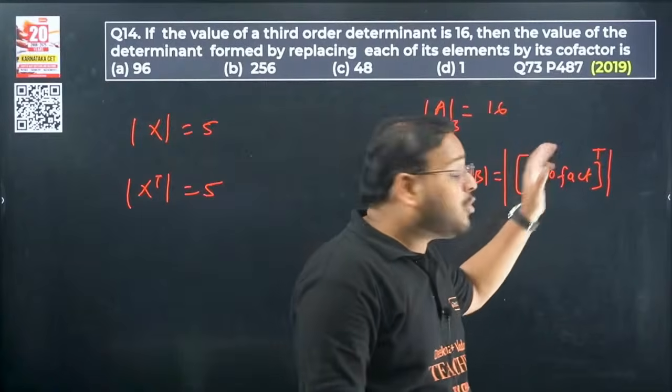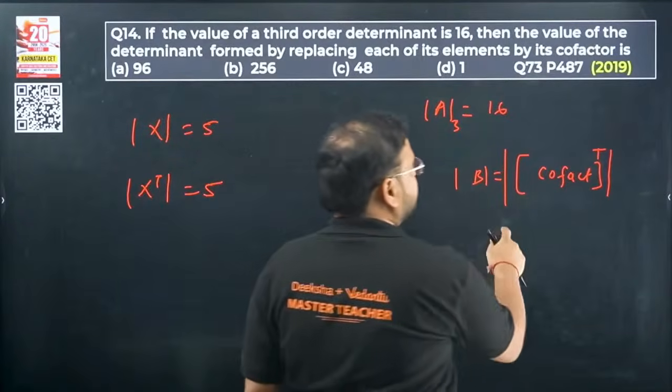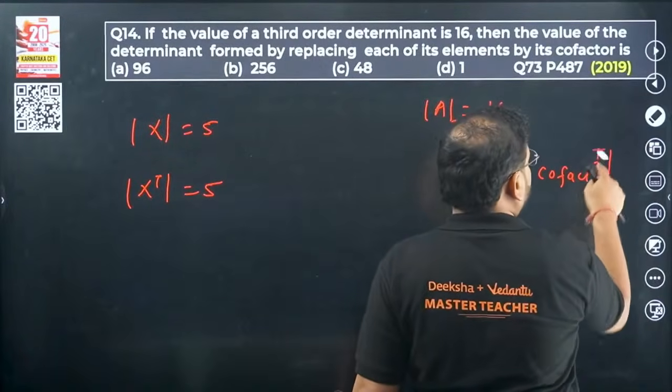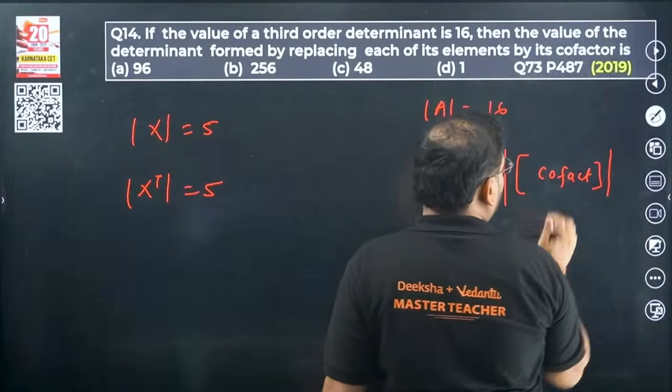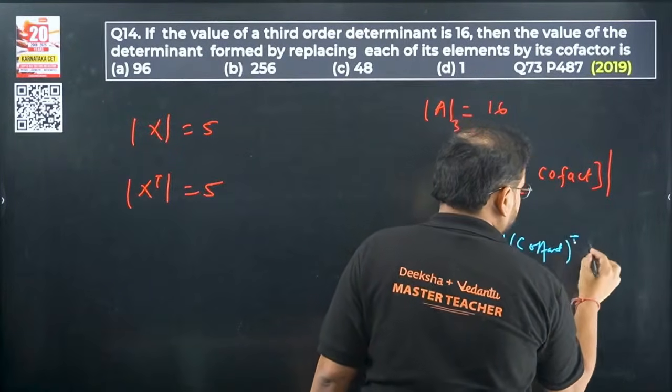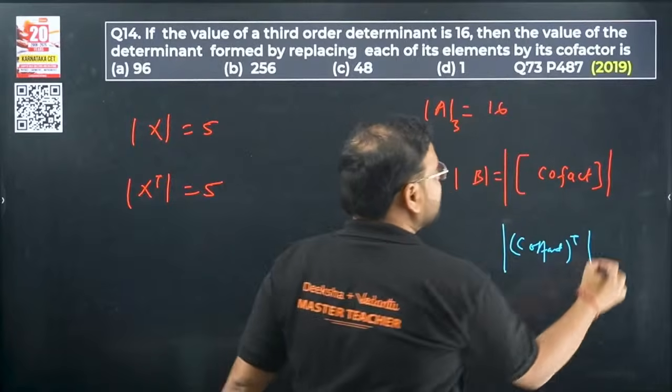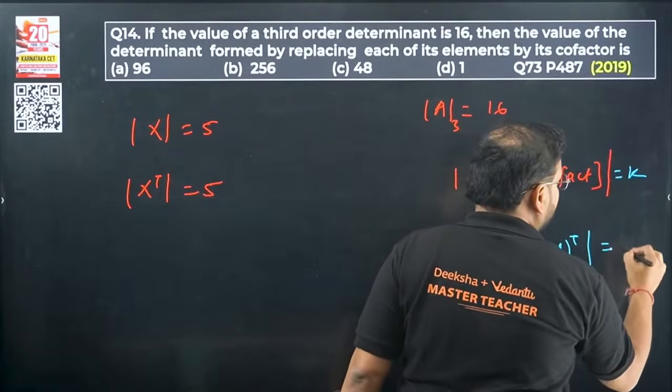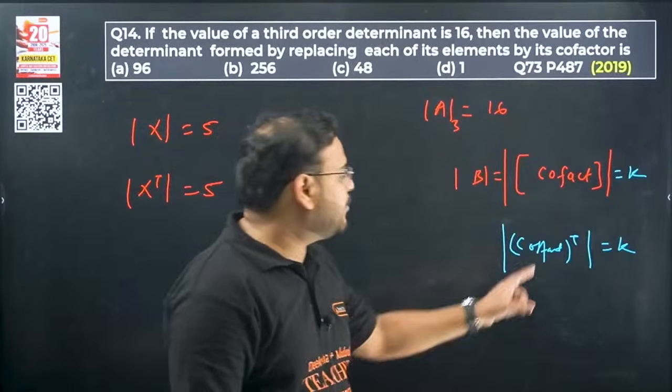So whether the transpose is present or not, whether you find this cofactor determinant or this one, if this value is some value k, this will also come as k only, because transpose will not change anything.